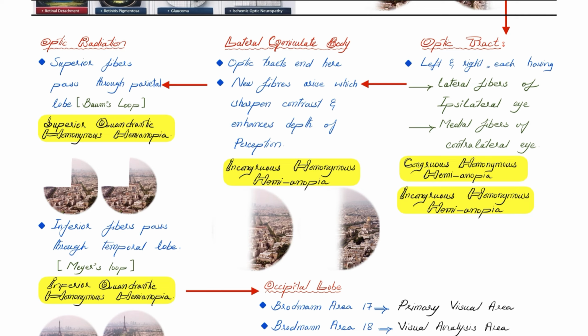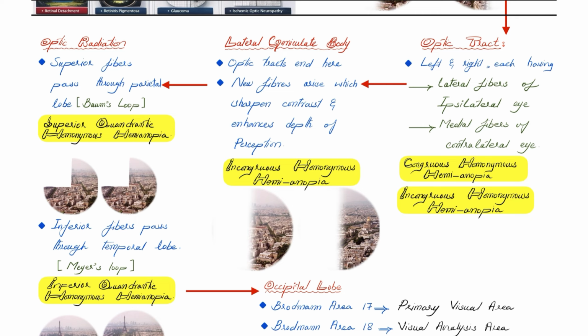Optic tract of every side ends in the lateral geniculate body, which is a nucleus. Nucleus means a cluster of cell bodies of neurons in the CNS, and the collection of cell bodies of neurons outside the CNS is called ganglion. So optic tracts end here, and new fibers arise which sharpen the contrast and enhance depth of perception.